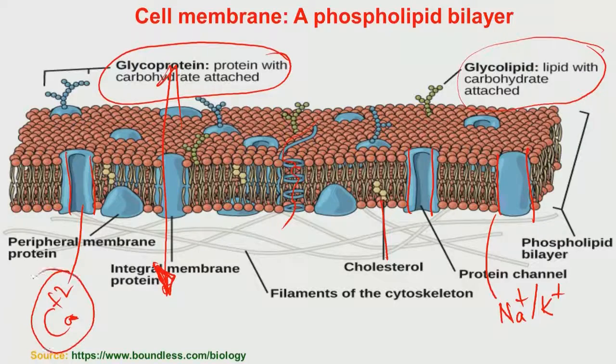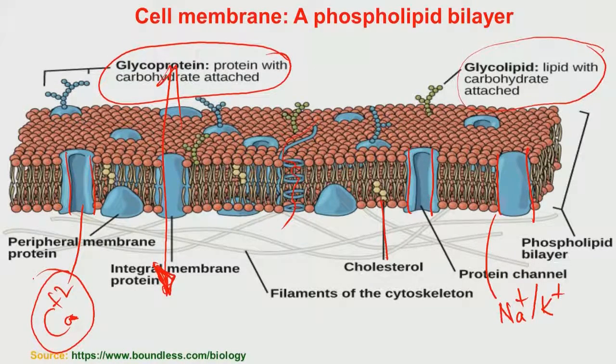I repeat, there are two types of channels on the cell membrane. One is called the sodium potassium channel, and another is called the calcium channel. These calcium channels are voltage gated calcium channels, and they are extremely sensitive to the voltage difference. At a particular voltage difference, these channels will allow the specific transport of only calcium ions.